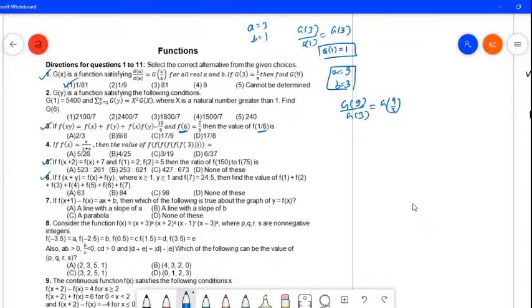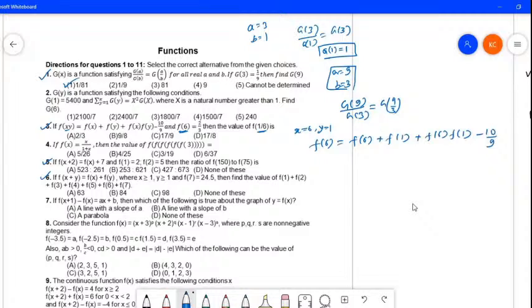So I can write x equal to 6, y equal to 1. So we will get f of 6 into f of 1 minus 10 by 9. So this random 10 by 9 is given.